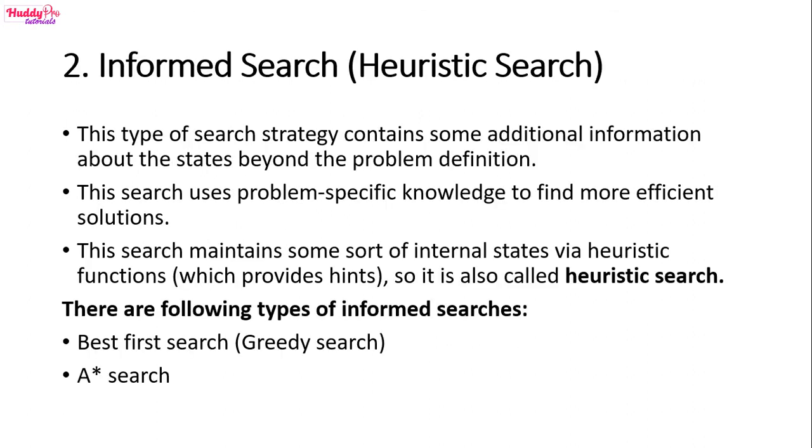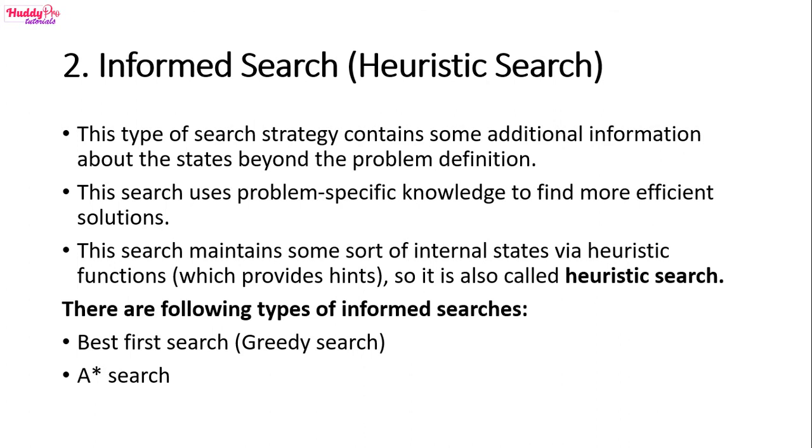Then another type of search algorithm is the informed search, or the heuristic search. Unlike the uninformed search strategies, this type of search strategy contains some additional information about the states beyond the problem definition. So this one uses problem-specific knowledge to find more efficient solutions. It has additional information for each state, and therefore it will find a more optimal solution.